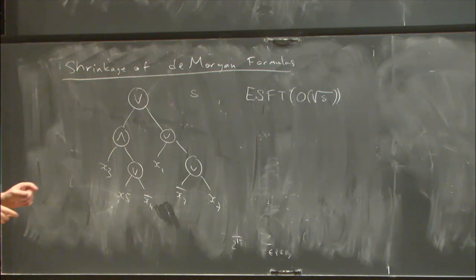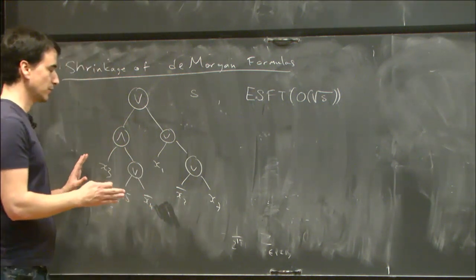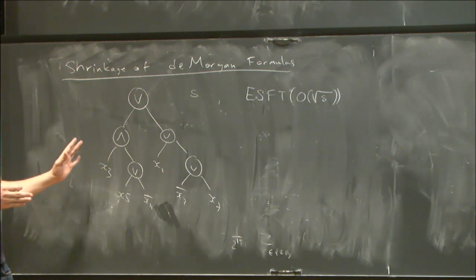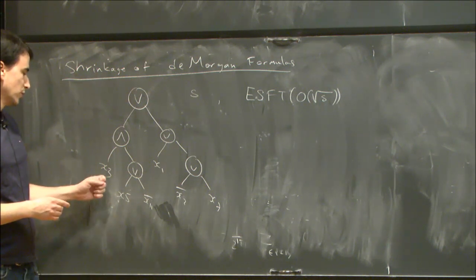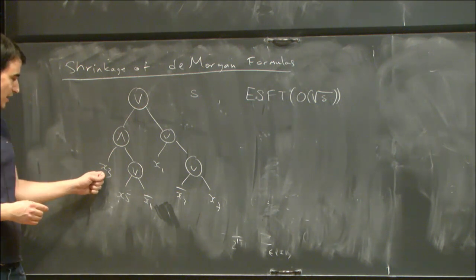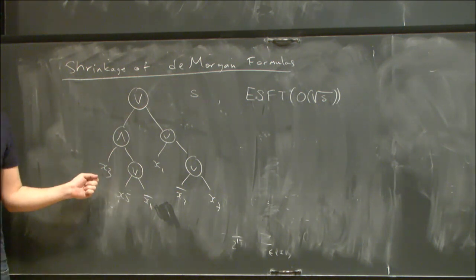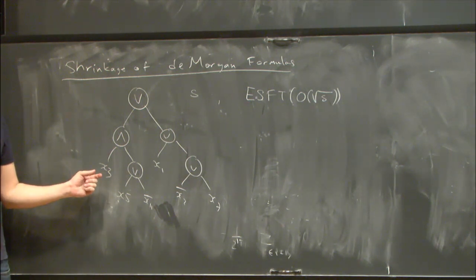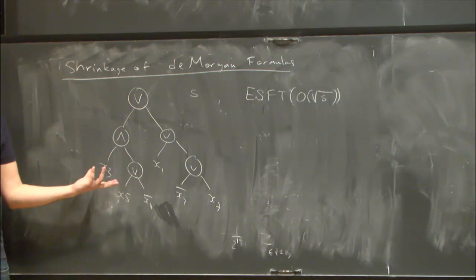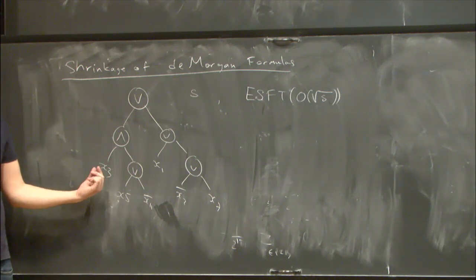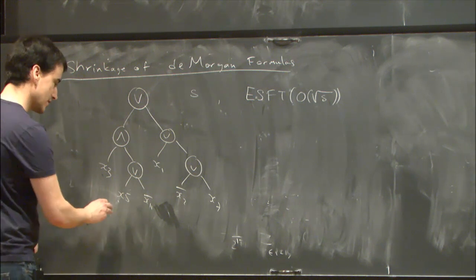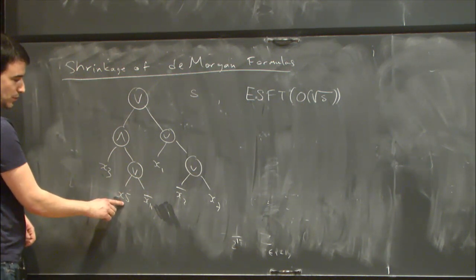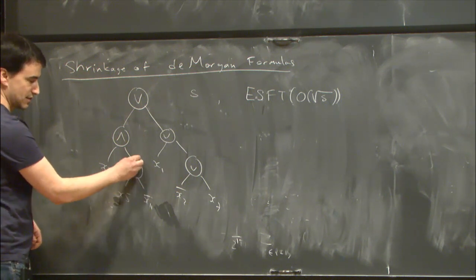And from this, I want to prove that under a p-random restriction, the formula shrinks by a factor of p squared. What we will do: for each variable, we keep it alive with probability p, and with probability 1 minus p we fix it to a random constant. So more or less, we are left with p times n variables. However, because of cancellations, for example, if this variable is false, then this gate is killed.